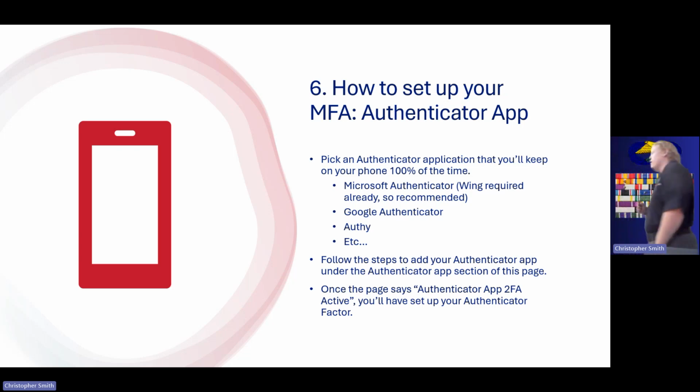Go to Google Play Store, go to your app store if you're on iPhone, and download an Authenticator application. Wing will highly recommend the Microsoft Authenticator, mainly because Wing already mandates that we use the Microsoft Authenticator for the Wing emails.